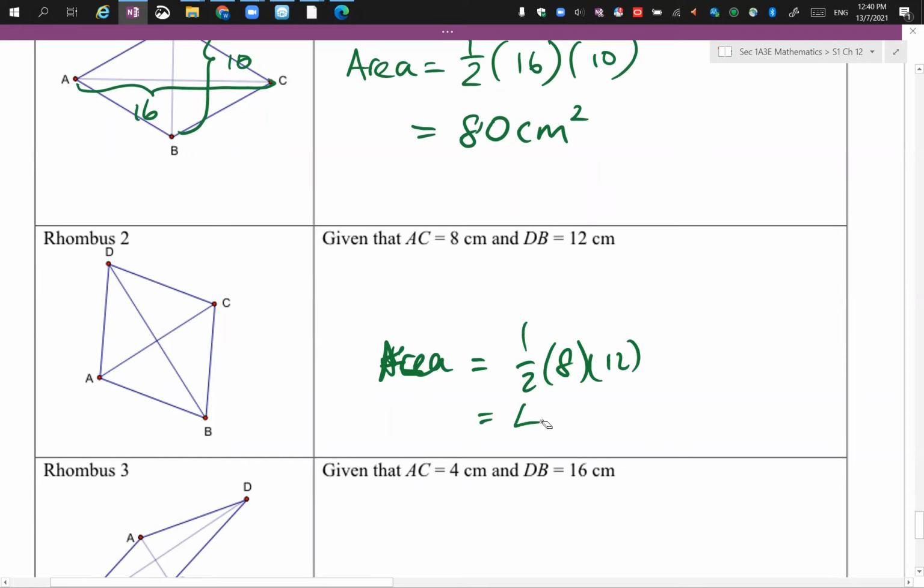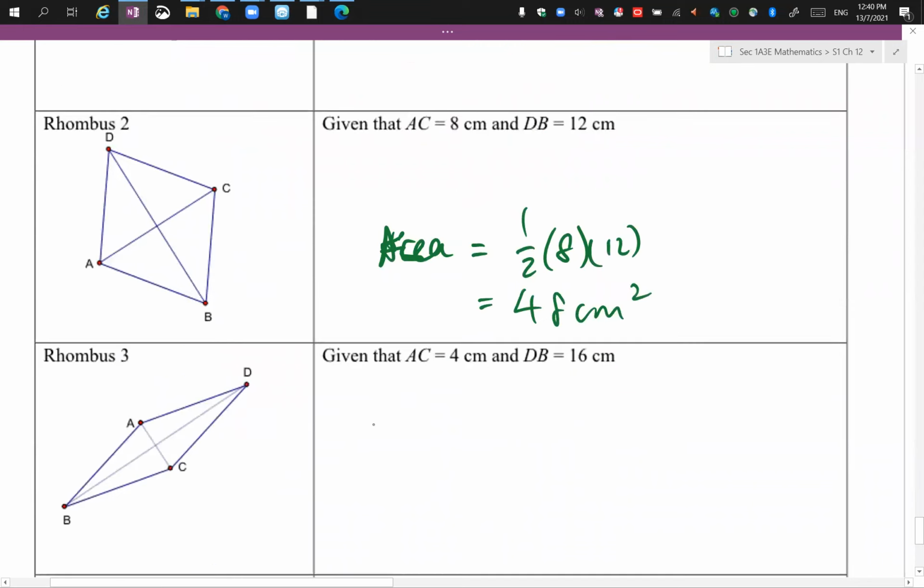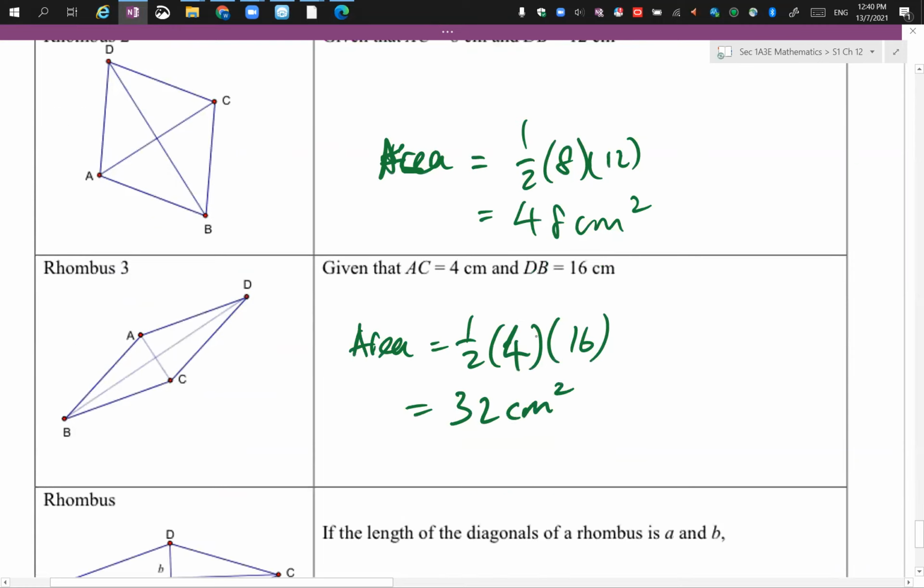Half and 48. Okay, next one. Half, 4, and 16. 32 square centimeters. Final one. Area of AB.